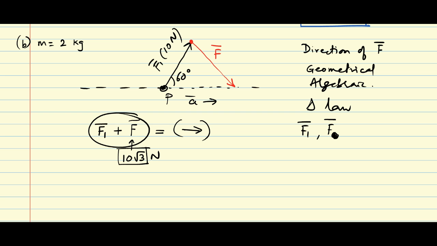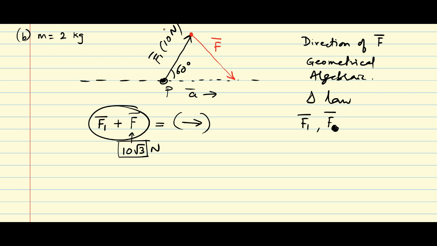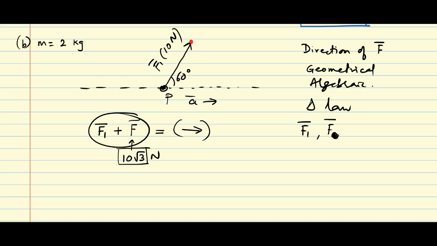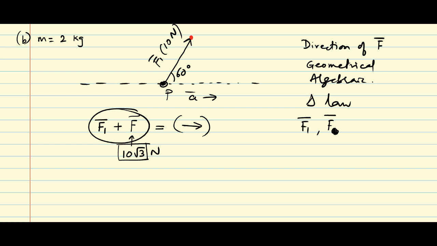So imagine that you have drawn this force, namely F1 bar, and you have to now draw the second force, which is F bar. So I'll just rub this out. We have yet to draw it. The force F bar has a magnitude of 10 root 3 newtons.